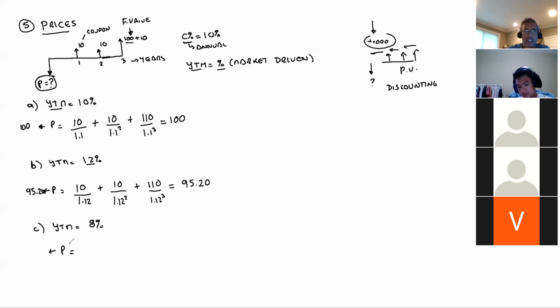Finally, what should be the price if the yield to maturity is 8%? I got 105.15. Someone to confirm? Confirmed. Yep, perfect. So basically what we're doing here is 10 divided by 1.08 plus 10 divided by 1.08 squared plus 110 divided by 1.08 cubed. So please verify this number.